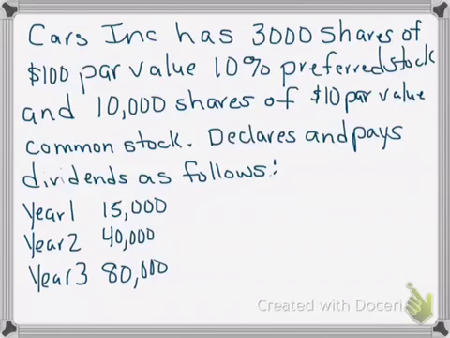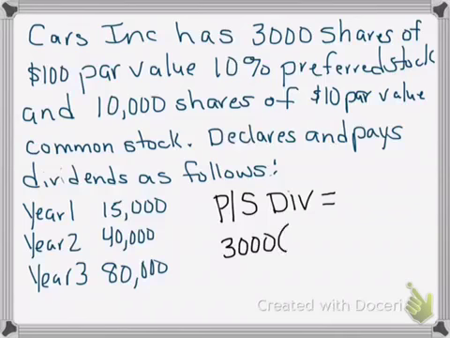So the first thing that I have to do is I need to calculate how much are my preferred stockholders owed. So what is that preferred stockholder dividend? Now remember, I told you in the last problem, we were going to take the number of shares, multiply that by the par value, multiply that by that percentage.